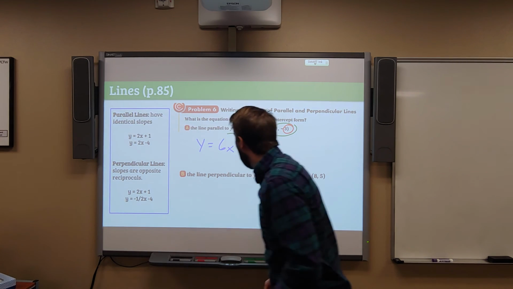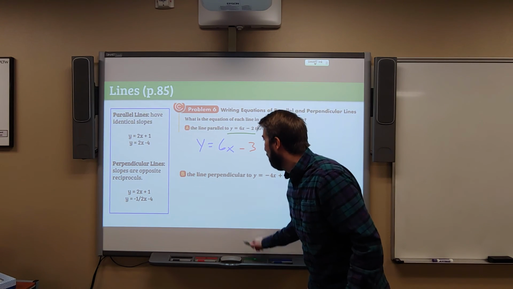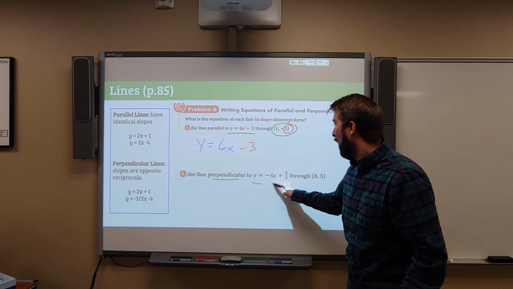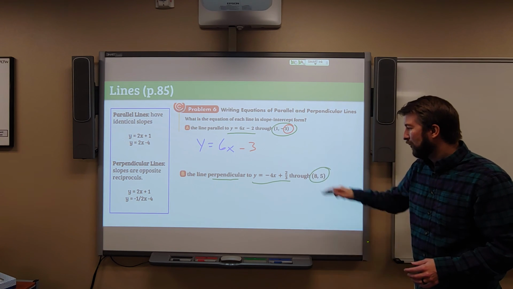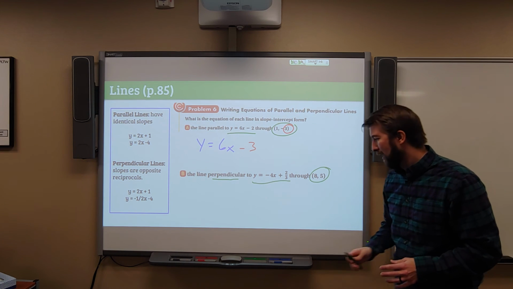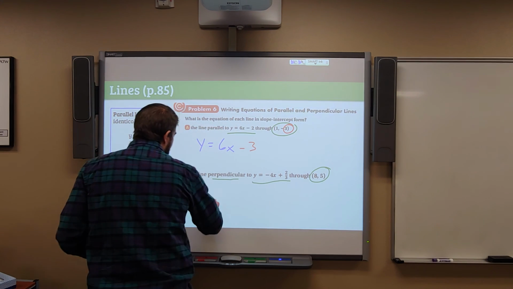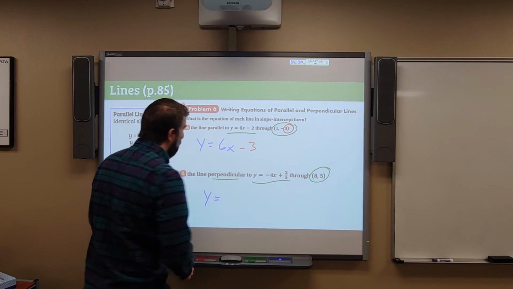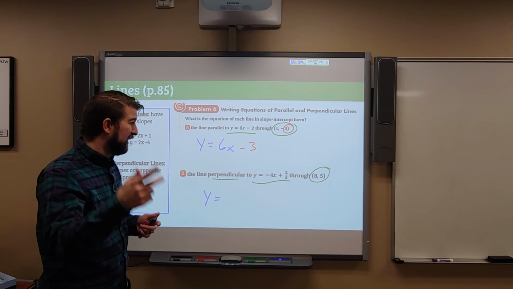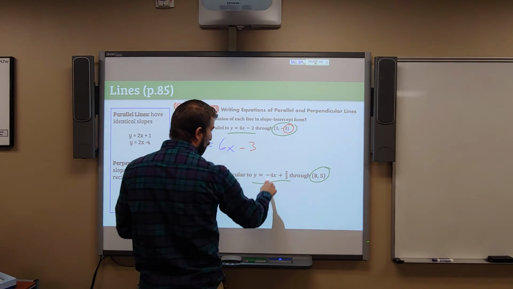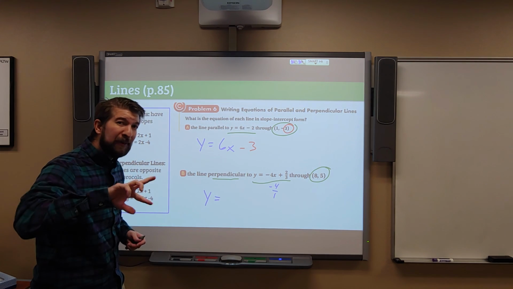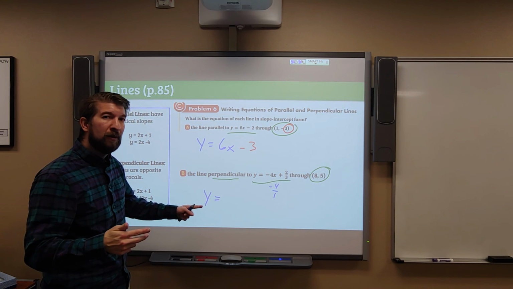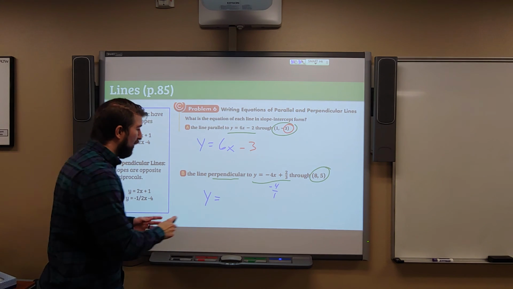Now, if I want to find a line that's perpendicular to y equals negative 4x plus 2, 3, and it runs through 8, 5, I'm going to do it the same way. Except this time, my slope needs to be the opposite reciprocal. So negative 4 could also be written as negative 4 over 1. So the opposite of negative is positive. And the reciprocal of 4 over 1 is 1 over 4.